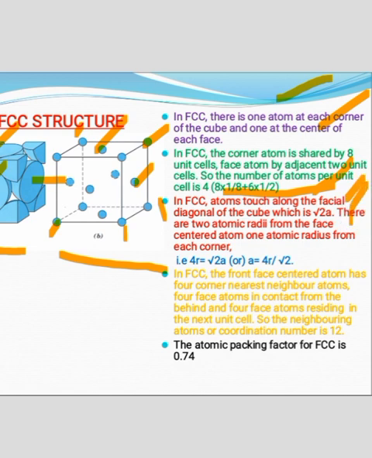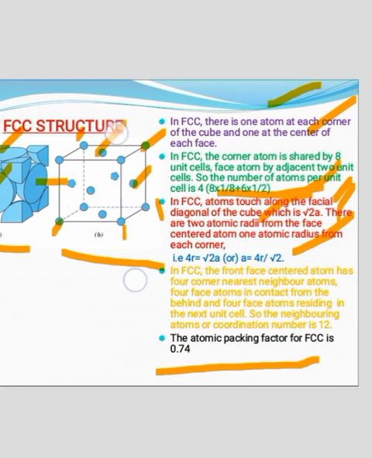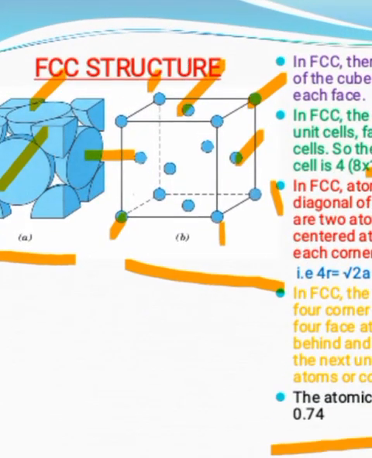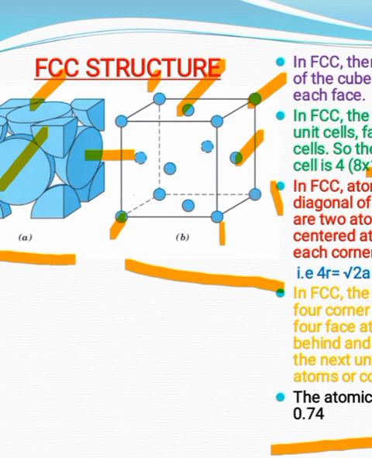There are 2 atomic radii from the face-centered atom and 1 atomic radius from each corner, so we have a equal to 4r by root 2. The atomic packing factor for FCC is 0.74, so it is a better arrangement than the body-centered. In FCC structure, we have a 74% packing factor.